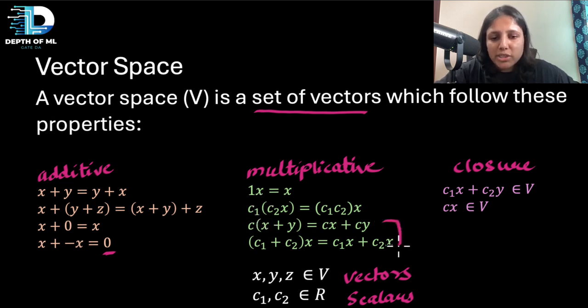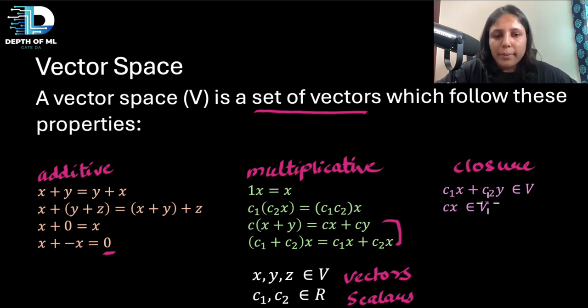Multiplying a scalar with the sum of two vectors should equal multiplying that scalar to each vector individually and adding them. Similarly, multiplying the sum of two scalars to a vector should be the same as multiplying each scalar to the vector and adding them. So these are the multiplicative properties.